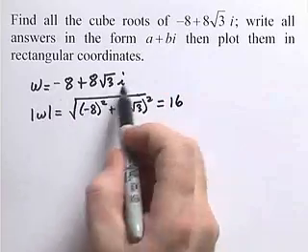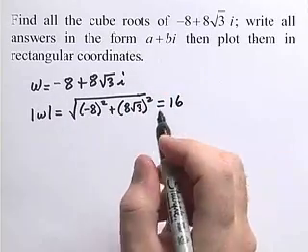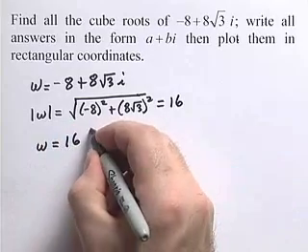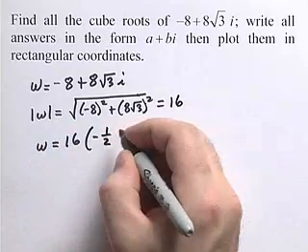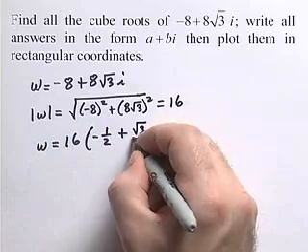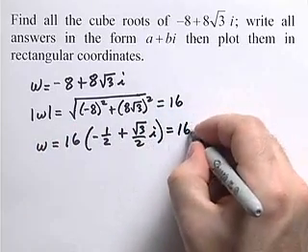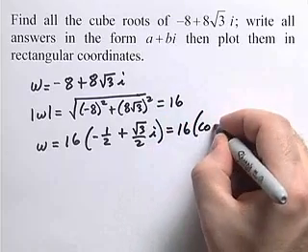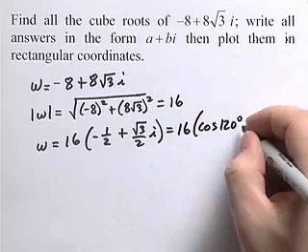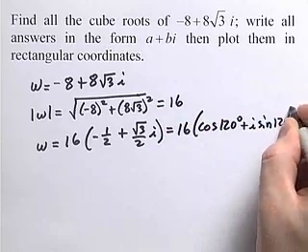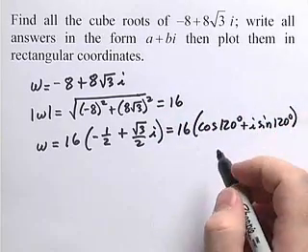So we can write w, this complex number, in polar form as w is equal to 16 times negative 1/2 plus the square root of 3 over 2 times i, which is equal to 16 times the cosine of 120 degrees plus i times the sine of 120 degrees.